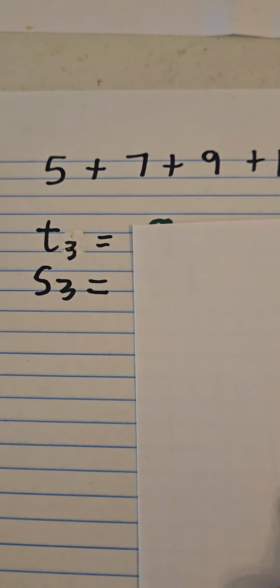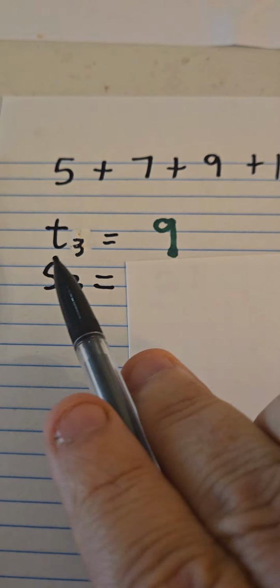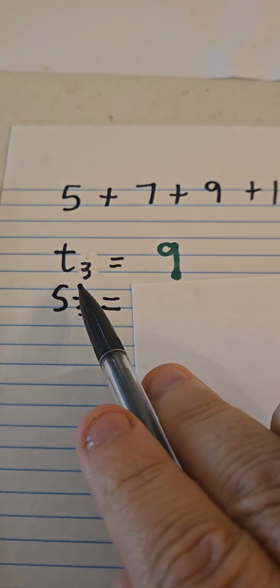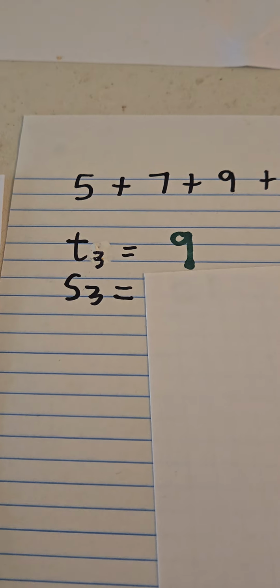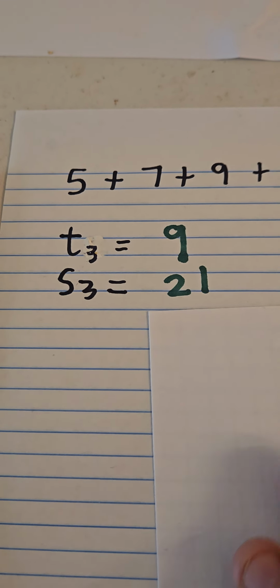And why? T3 equals 9. Do you know why? Because T3 says what is term number 3. Term number 1 is 5, term number 2 is 7, term number 3 is 9. Now what is S3? I haven't taught it yet. I'll give the answer, but that still doesn't explain where I got it from.